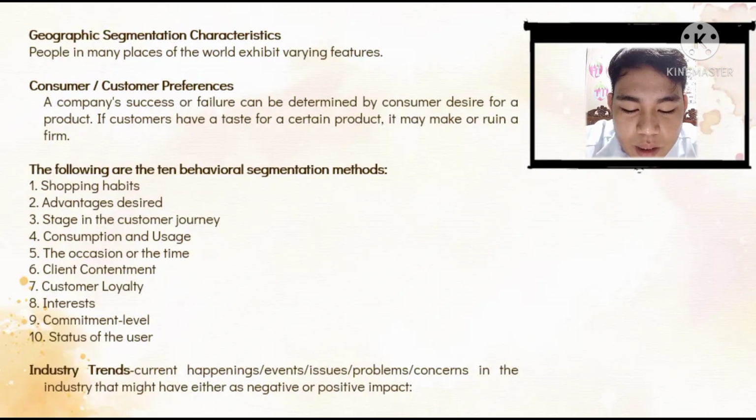Geographic segment characteristics. People in many places of the world exhibit varying features. Geographic segmentation is a marketing approach that divides the target market into categories based on aspects such as economics, dietary preference, dress patterns, language, cultures, and many other characteristics.